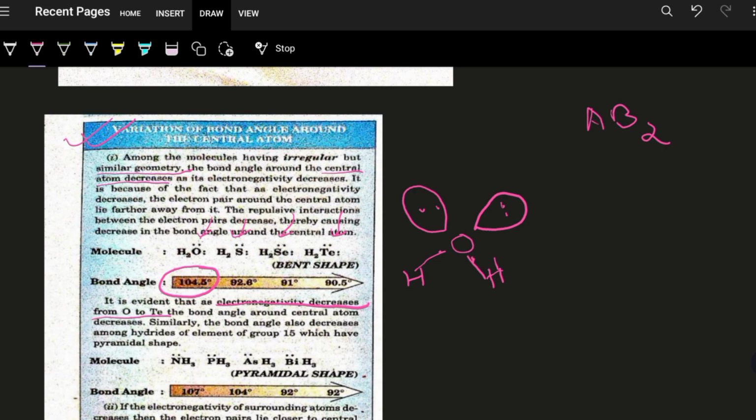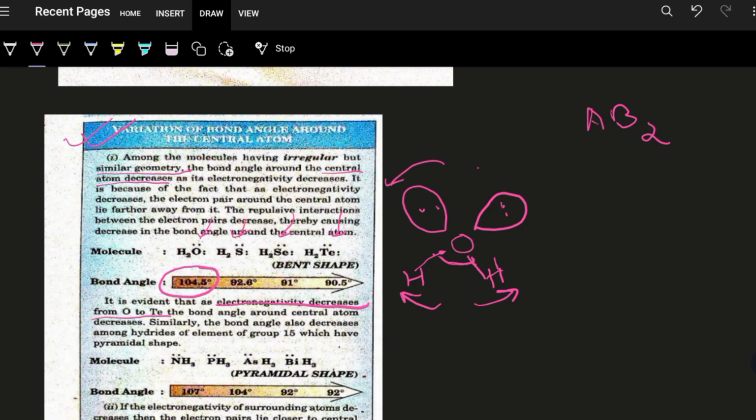That means from the O-H bond, the electron density moves towards the oxygen atom. And now here it is becoming closer. Since it is becoming closer here, the repulsion increases and so the bond angle increases.